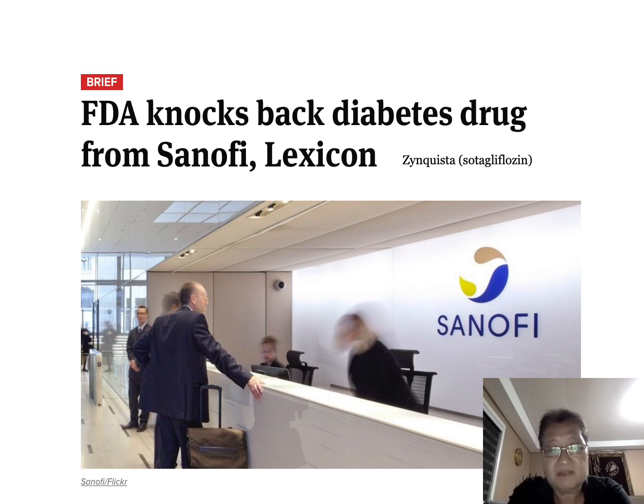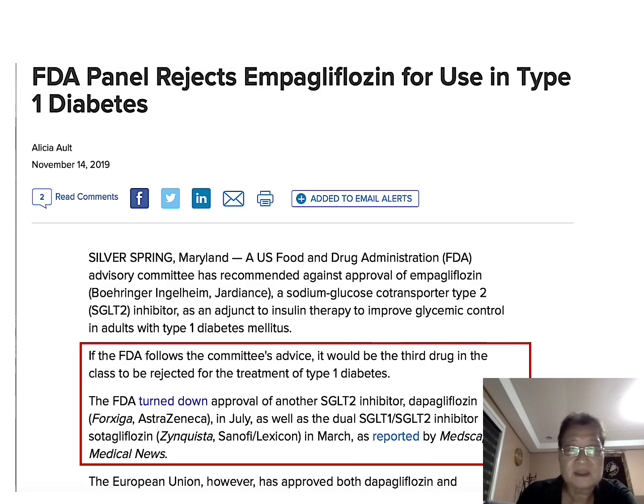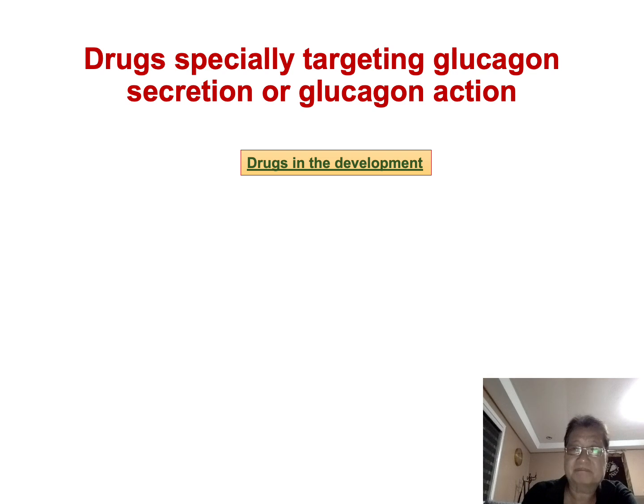The FDA raised concern about the risk of diabetic ketoacidosis with the use of SGLT2 inhibitors for the treatment of type 1 diabetes. So with this, the US FDA turned down the approval of all SGLT2 inhibitors for type 1 DM, which includes dapagliflozin, sotagliflozin, a dual 1 and 2 inhibitor, as well as empagliflozin.